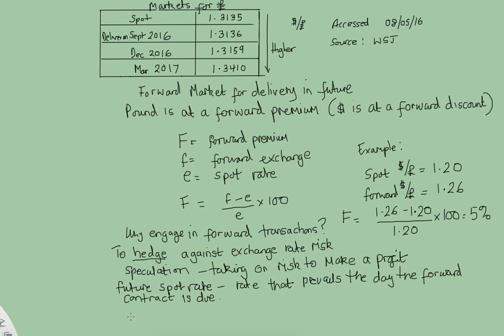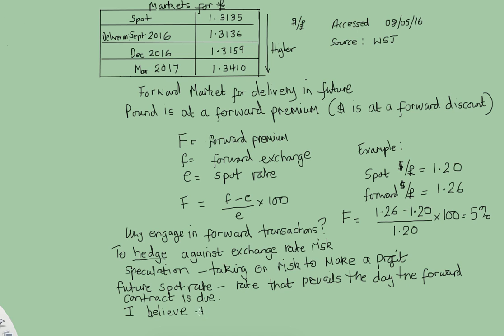Let's suppose I develop a belief. I'm going to speculate. I believe that in September, or whenever this occurs, I don't think that the future spot rate is going to be 1.26. I actually think it's going to be 1.28.